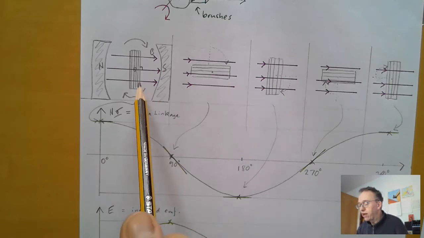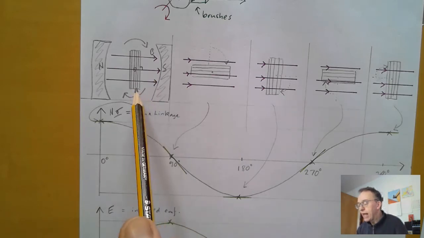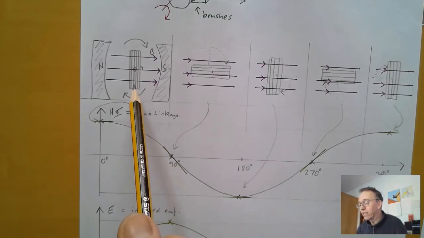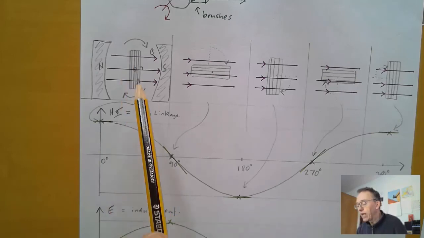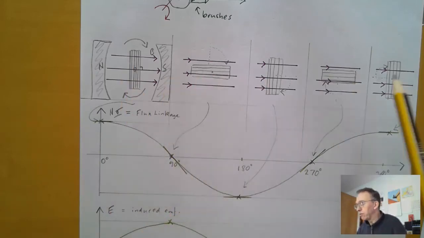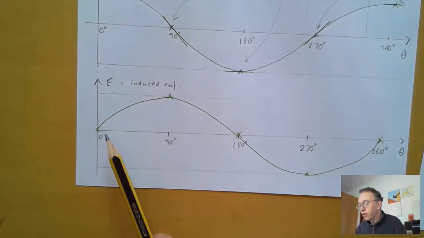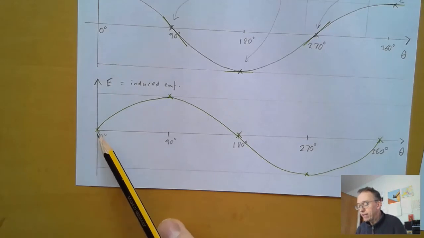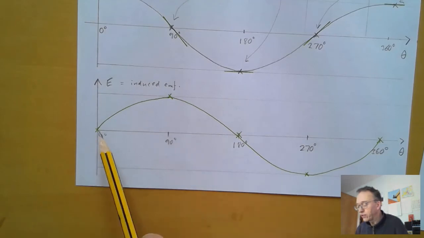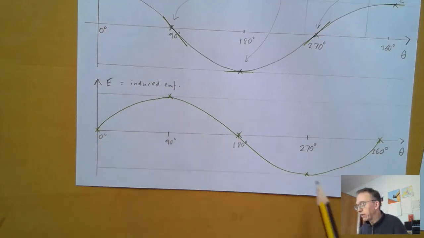So this idea of the coil moving between the magnets and catching an amount of flux, or linking an amount of flux in the coil, and that goes from maximum to minimum to maximum to minimum to maximum. Therefore the flux linkage changes in this sort of a way, and then we need to use Lenz's law and Faraday's law to deduce that the EMF varies sinusoidally like this, okay, between 0 and a maximum and a negative maximum. Right.